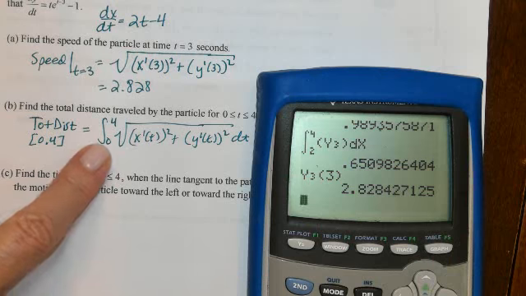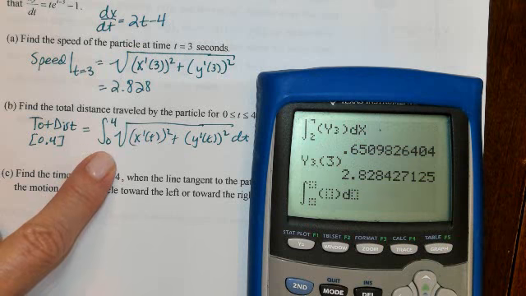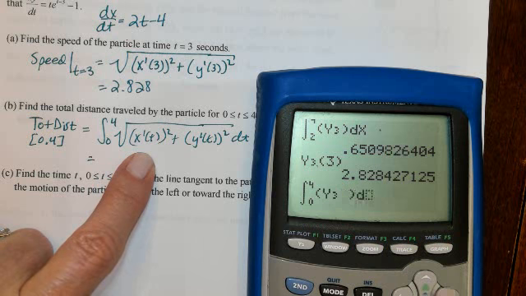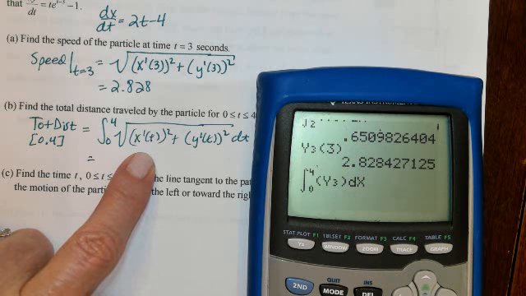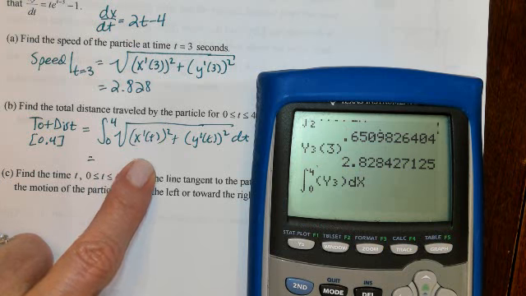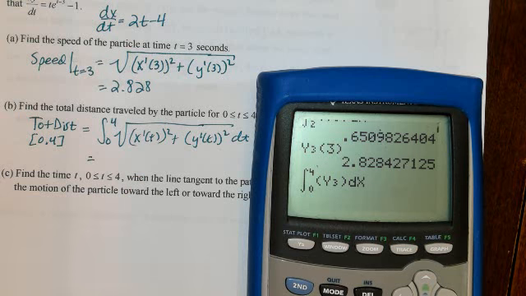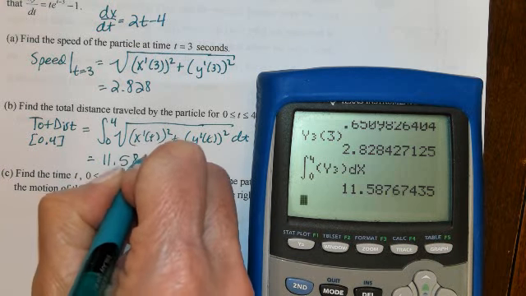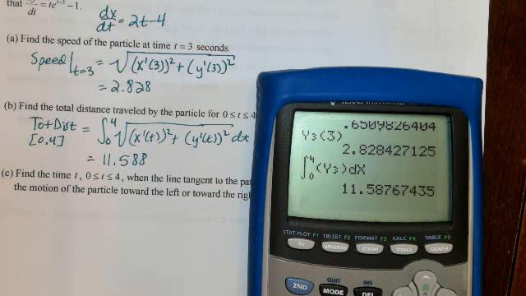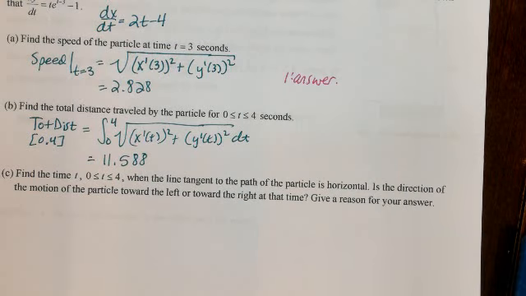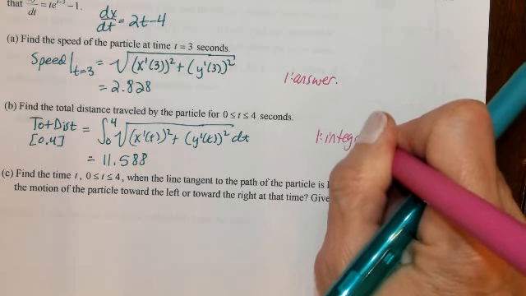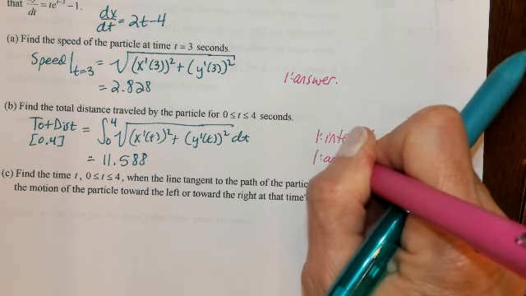Okay, so math 9, 0 to 4 of y3 dt. So the total distance traveled, 11.588 or 587. This part was worth 2 points, 1 point for the integral, 1 point for the answer.